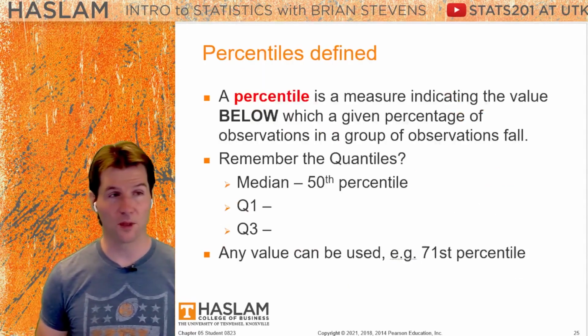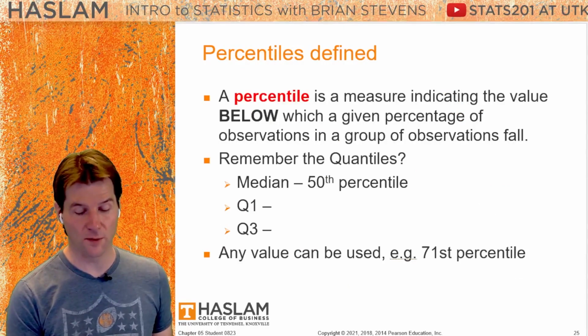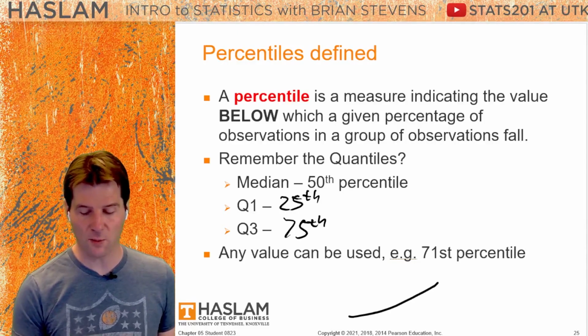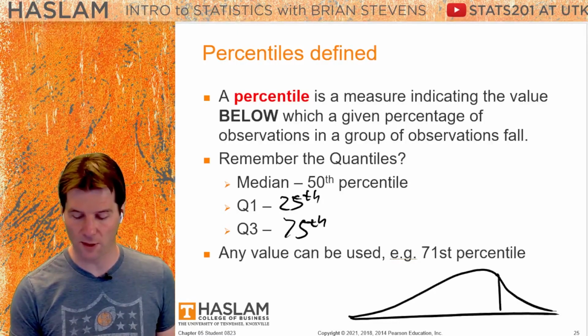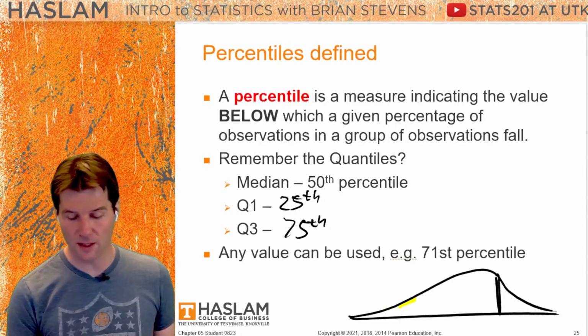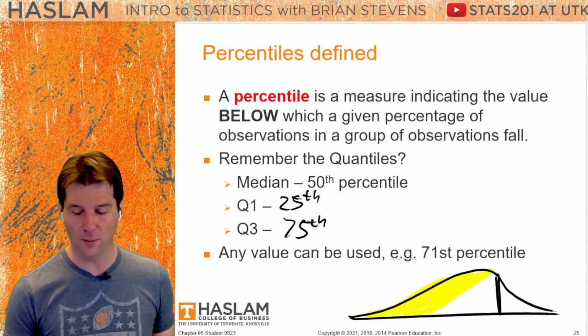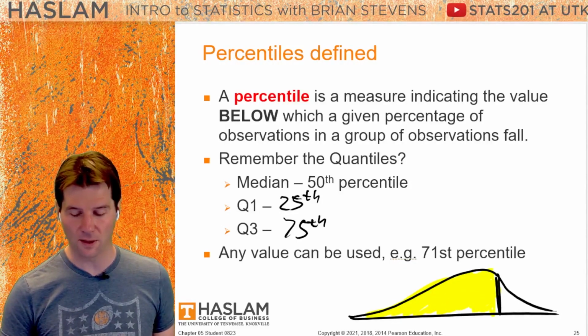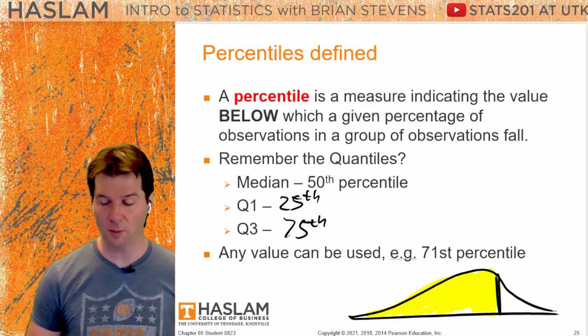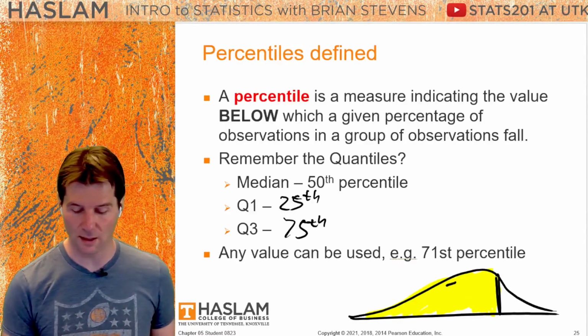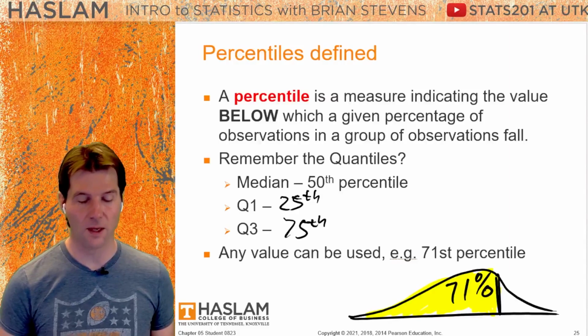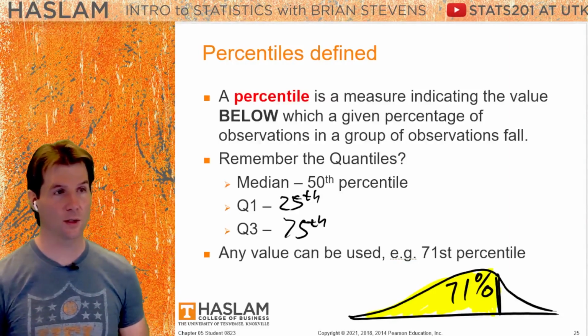We know other percentiles too on the curve, like the 25th percentile is Q1, the 75th percentile is Q3, and the 71st percentile would be somewhere over here because percentile means area below that point. It'd be above the mean, about there, because 71% of the data is below the 71st percentile. We'll have more exact ways of figuring this out in a moment.